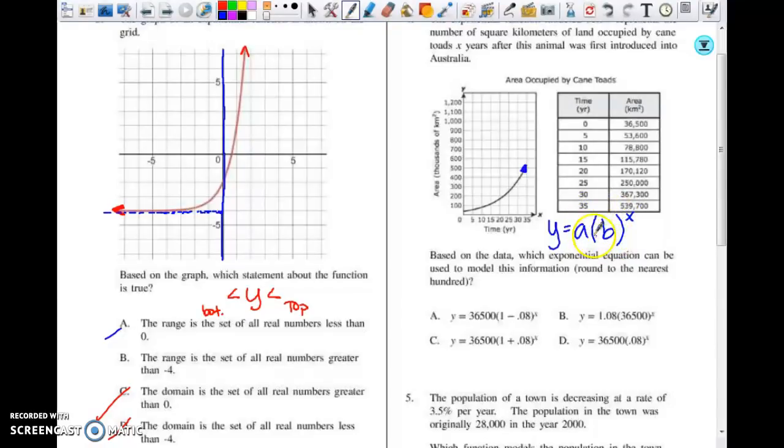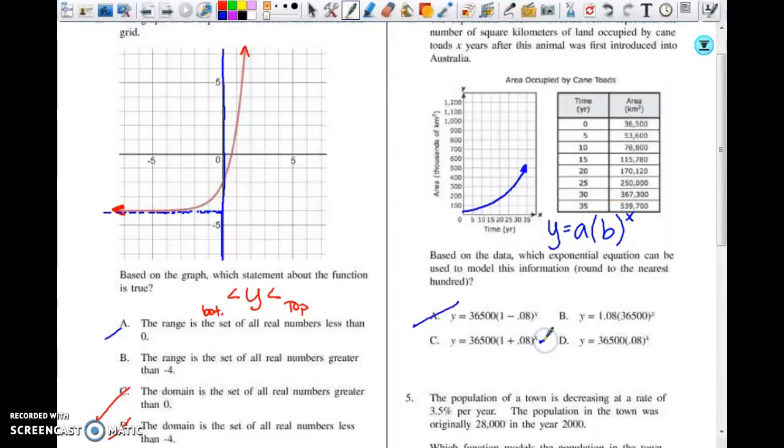Y'all remember? We should be adding, right? So if you look at your answer choices, in B they took the number 1 and subtracted from it. Well, this is a growth. Are we supposed to subtract? No. Remember, if we're growth, the number is bigger than 1. If we're subtracting and we're decay, we are less than 1. So look here. Okay, they're adding.